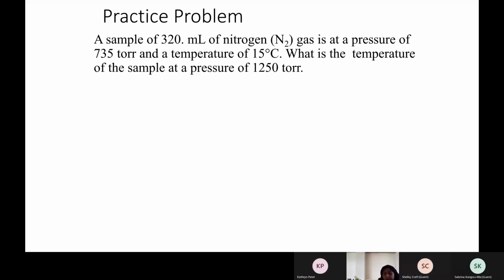Again, a sample of 320 milliliters of nitrogen gas is at a pressure of 735 torr. Now we are given the pressure in torr and a temperature of 15 degrees Celsius. What is the temperature of the sample at a pressure of 1250 torr?